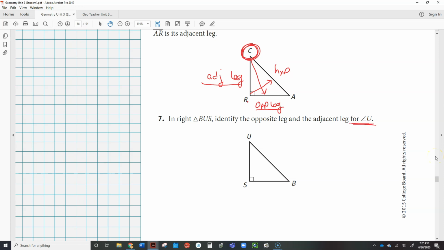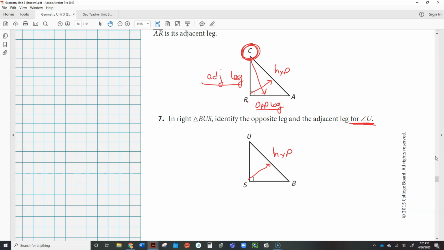Notice it says for which angle, okay? Now, it didn't tell me to identify the hypotenuse, but you should, because that's the place to start, because it rules out one of the legs. If you've labeled the hypotenuse, then you can't accidentally label it the adjacent leg, and that's what usually happens.